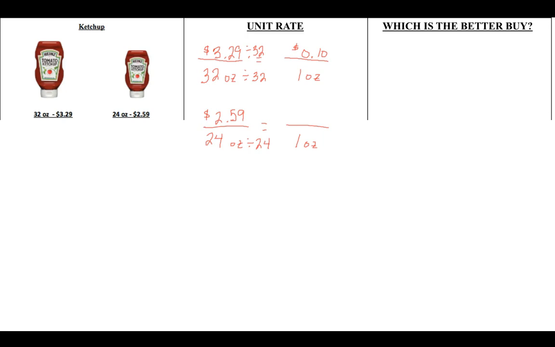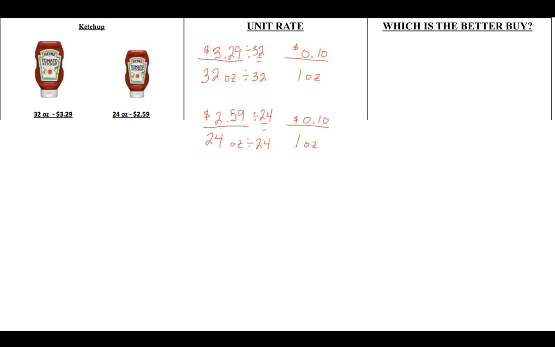All right, so for 1 ounce, I'm going to have to divide $2.59 divided by 24 ounces. My cost comes out to 0.10. So they're relatively the same cost.